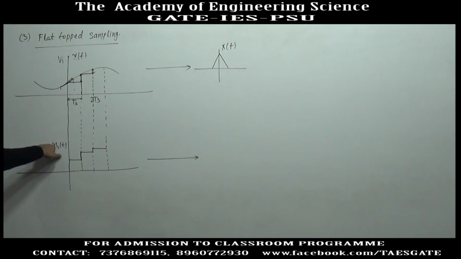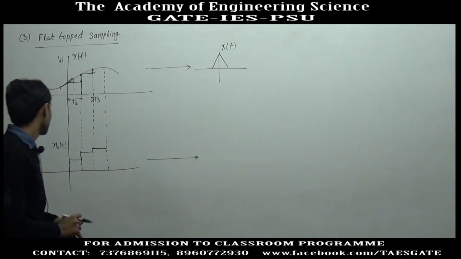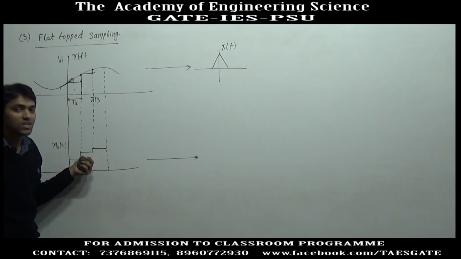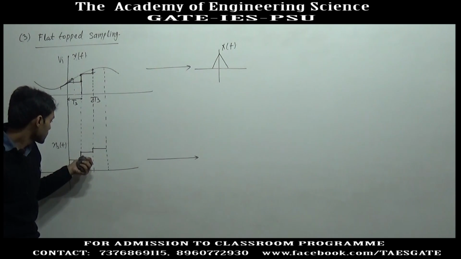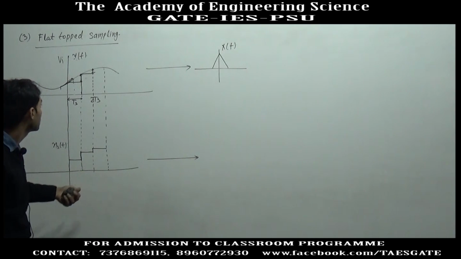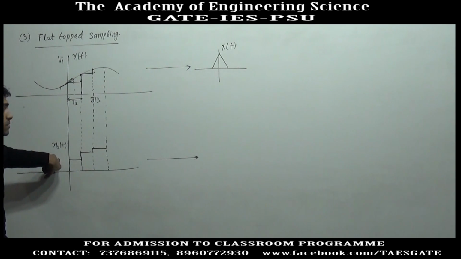We have the sampled signal, and now we have to analyze its frequency transform. We have studied how this signal can be obtained practically, but for studying the frequency transform of xs(t), we need to know mathematically how xs(t) can be obtained from x(t).